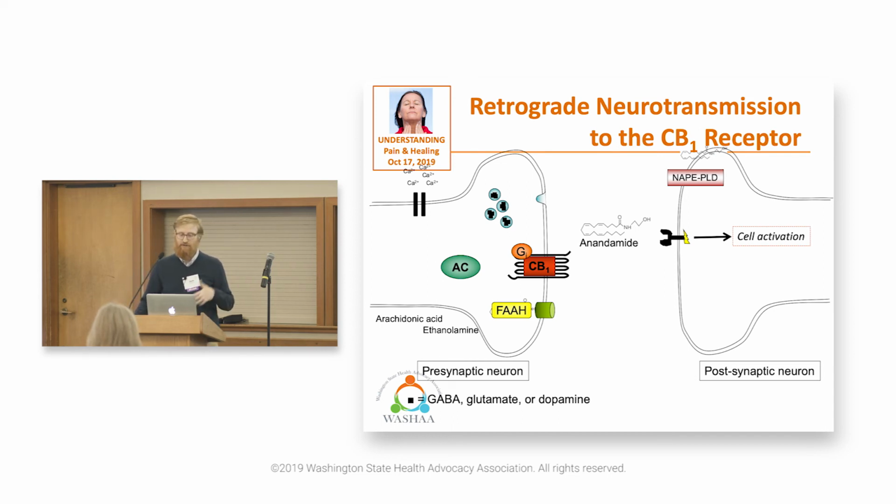Generally, when there's a message that stimulates the release of a neurotransmitter, the presynaptic neuron releases that neurotransmitter, and the postsynaptic neuron gets that signal and says, okay, I'm going to do what that neurotransmitter told me to do. But then there's an on-demand release of this fatty acid-derived compound, the endocannabinoid, that goes back across in a retrograde, backwards fashion, back to that first neuron, and it binds with a cannabinoid receptor.